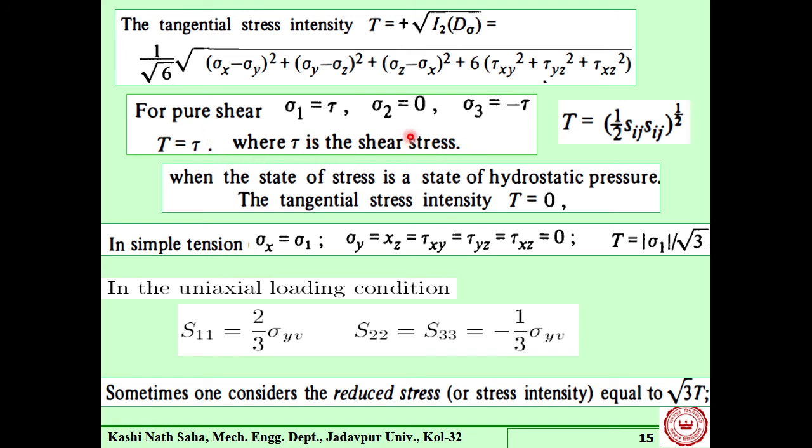Tau is shear stress. This is something which is used in some failure theories, in plasticity theories, etc. Right now we won't be discussing this tangential stress intensity further, but it will come afterwards. That is why we are not highlighting it here.